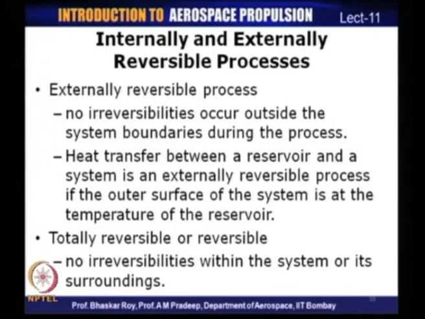Even though there is heat transfer across finite temperatures, it is externally reversible, because the reservoir has a constant temperature. So, an externally reversible process means that outside the system boundaries, the surroundings do not have any irreversibilities, like in a reservoir, where you do not have any source of irreversibility.